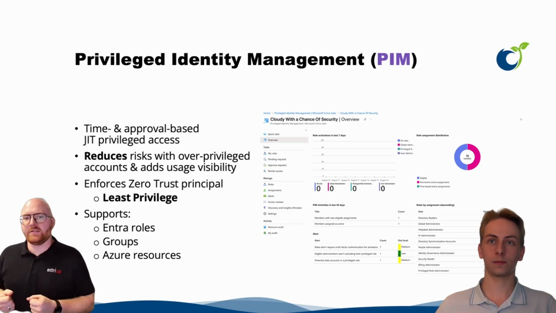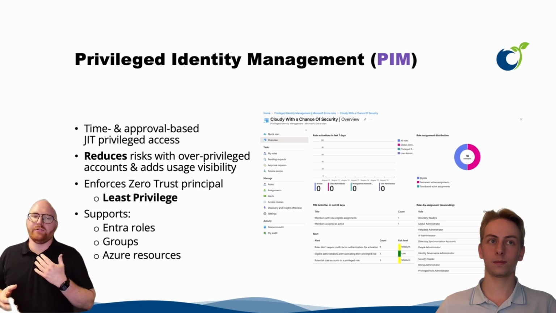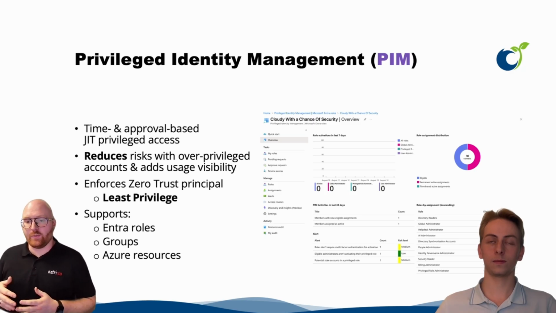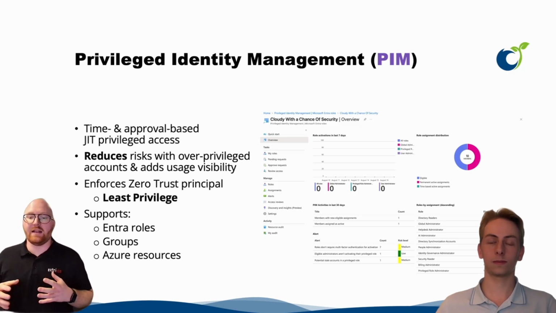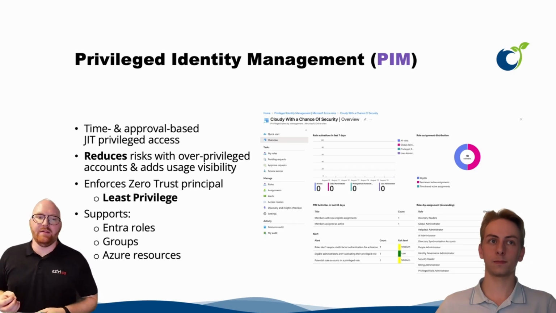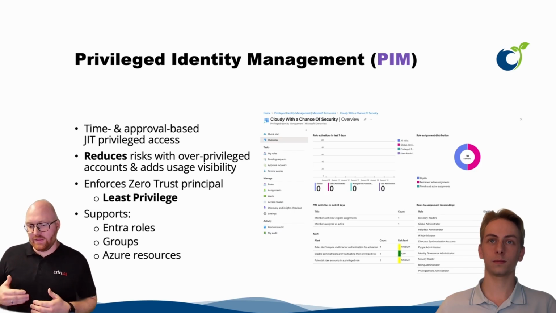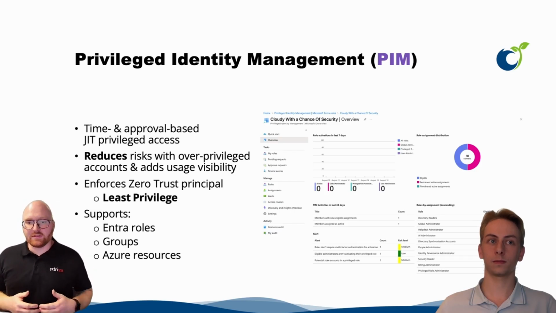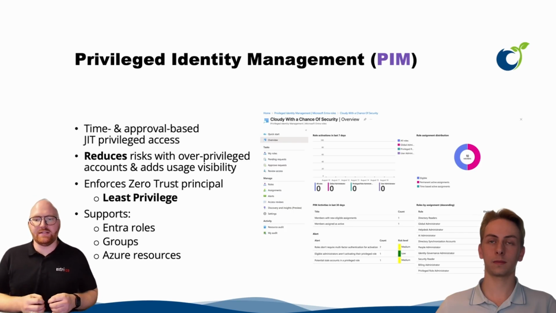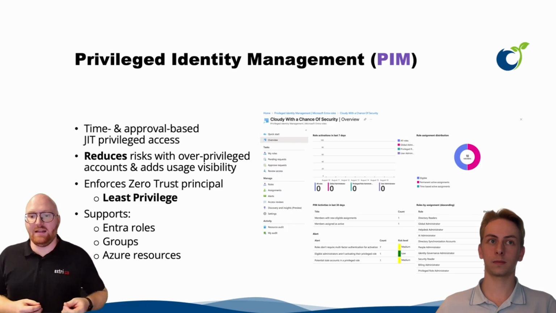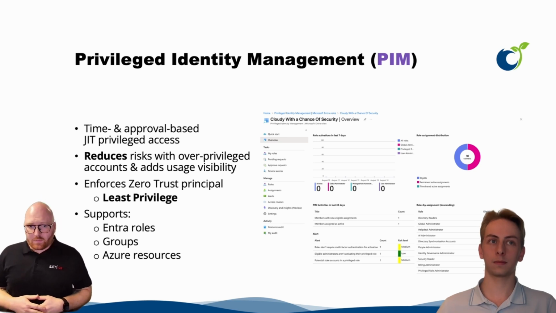PIM helps us to tighten our security, to reduce the risks with overprivileged accounts, and at the same time adds visibility to usage of these different accounts. It also helps us with the zero trust principle of least privilege, as only users that need the permission at the time they need it have the access.